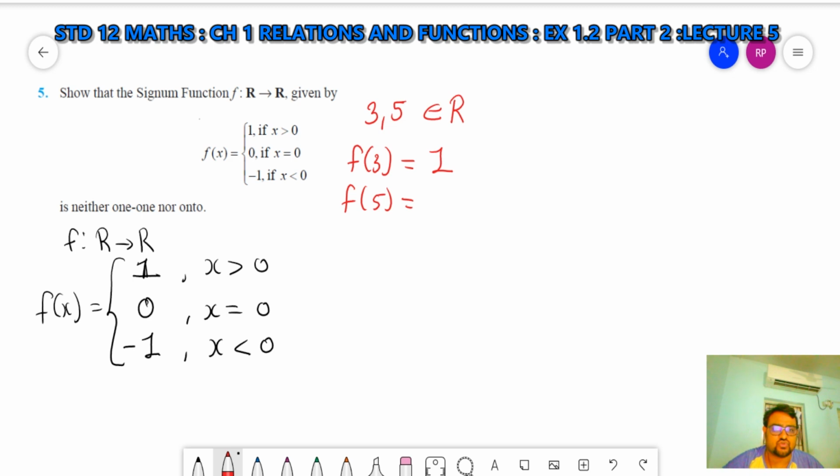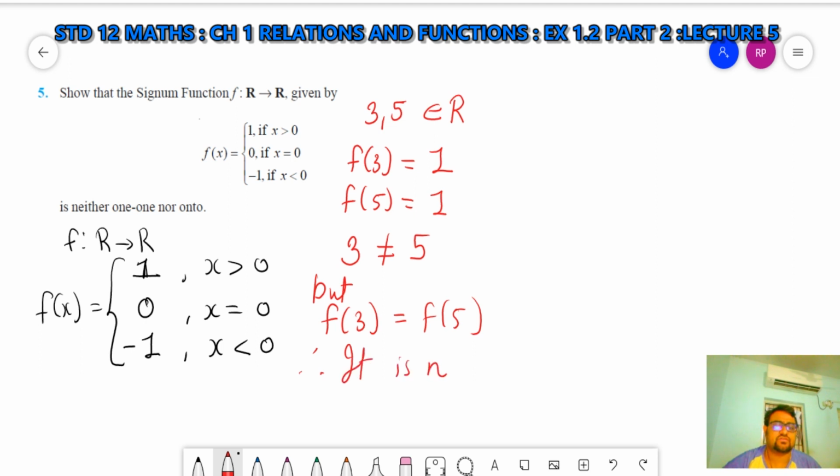Greater than 0, so it's 1. See, 3 is not equal to 5, but f of 3 equals f of 5. Therefore, it is not a one-one function.